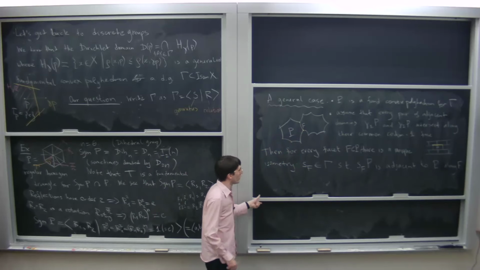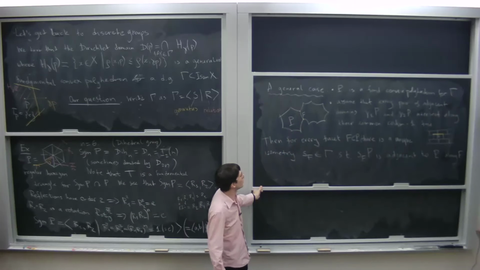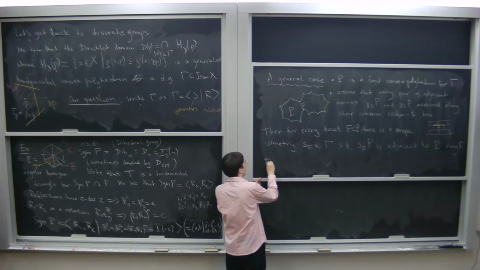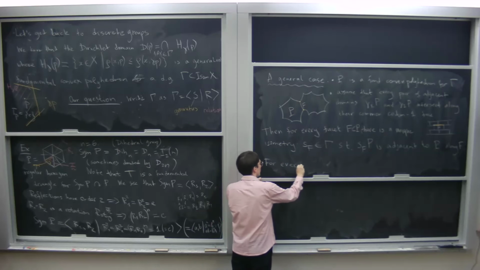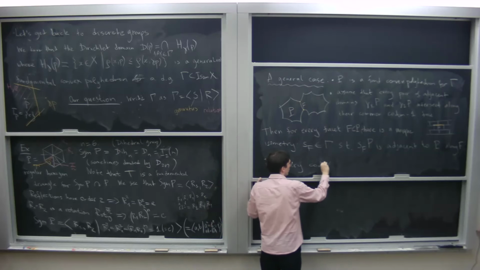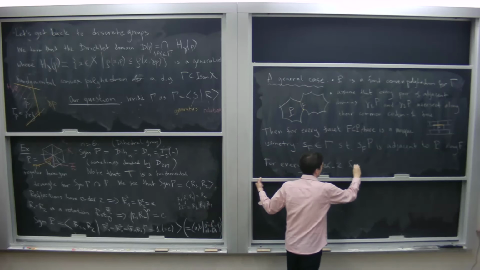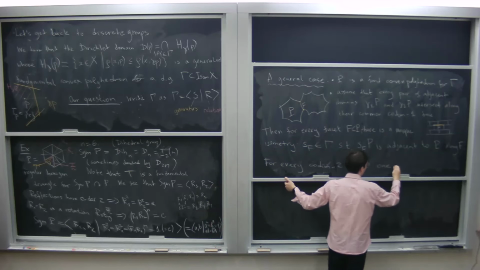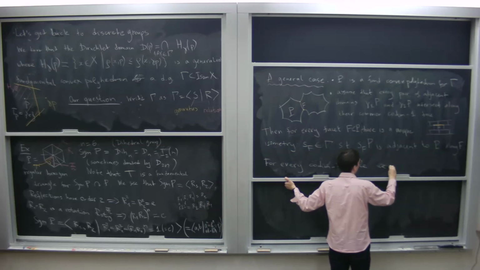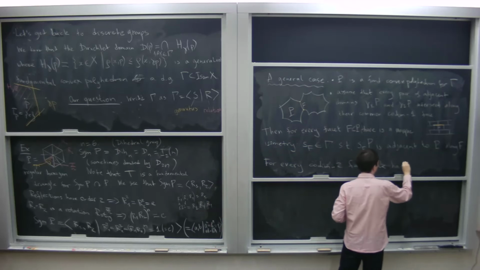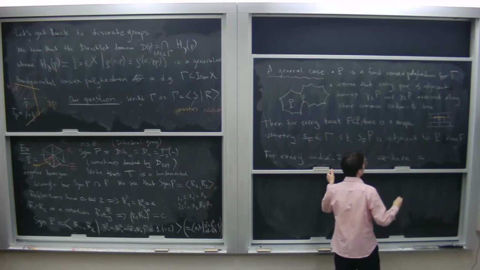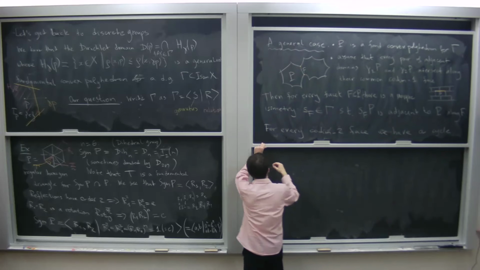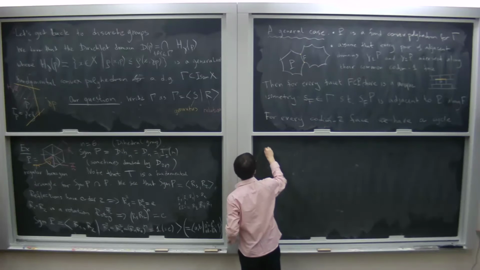For every d minus 2 dimensional, or codimension 2, face, we have basically a cycle of chambers.